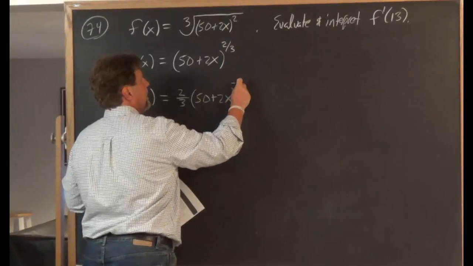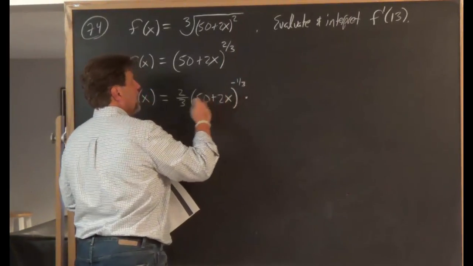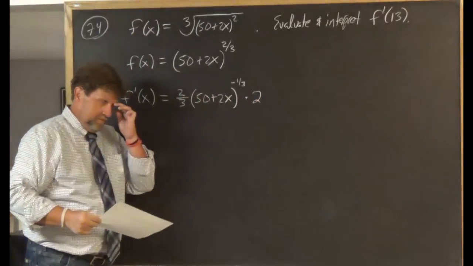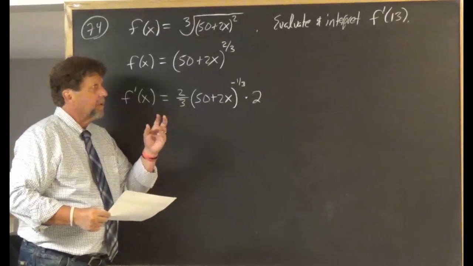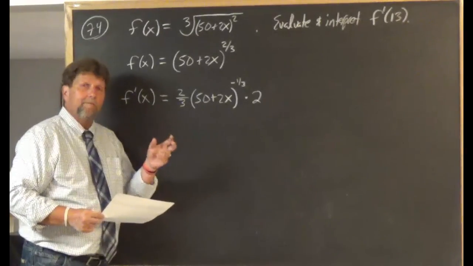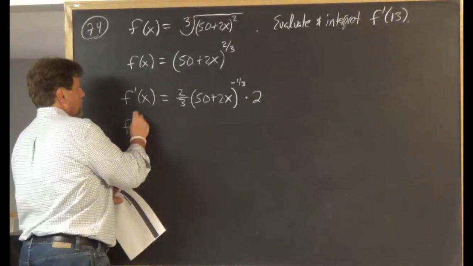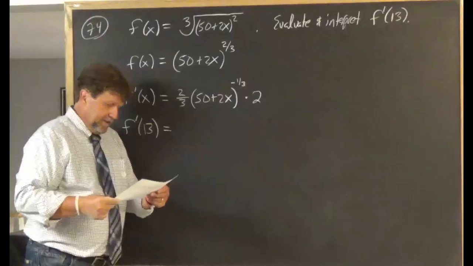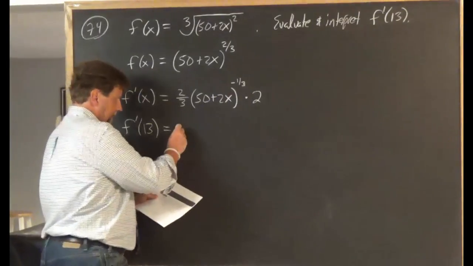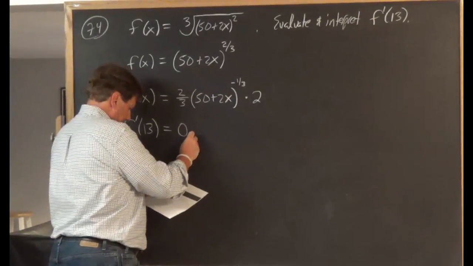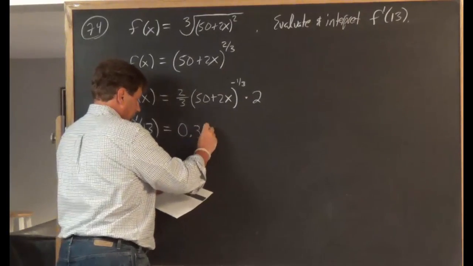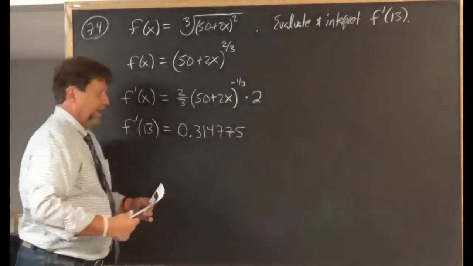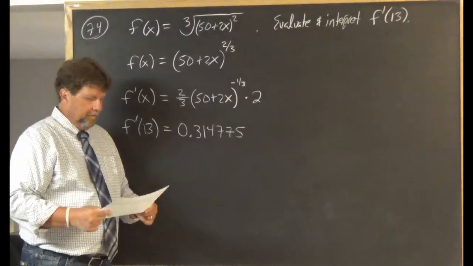Subtract 1, so we get a negative 1/3, times the derivative of the inside function, which is 2. Okay, now we're supposed to evaluate and interpret f prime of 13. So I put 13 in for the x, and when I use my calculator obviously, I get 0.314775. That's enough digits to carry that out for.